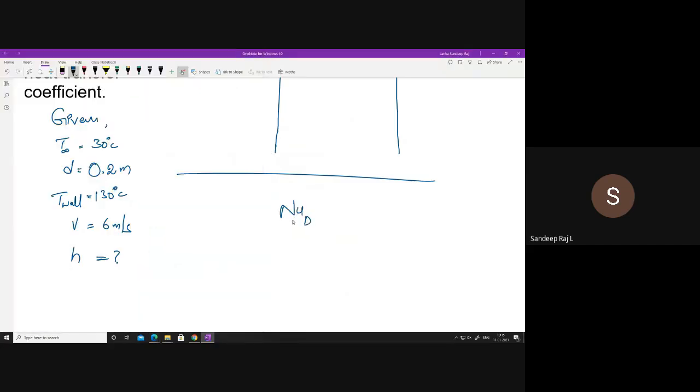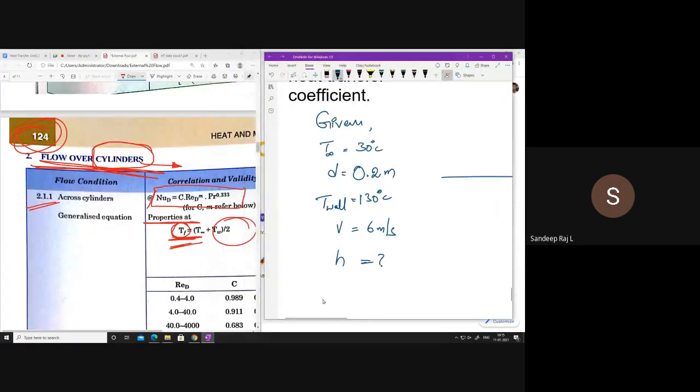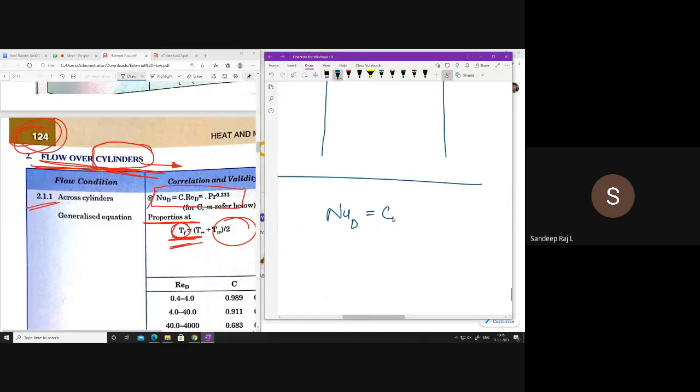Nu_D is equal to C into Re_D power m into Prandtl number power 0.333. So this is the correlation here. You got it from page number 124, and it is from 2.1.1.